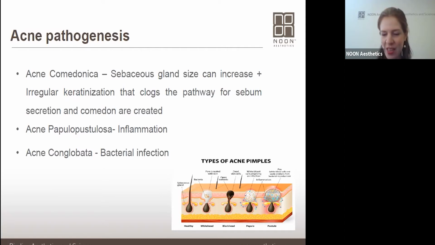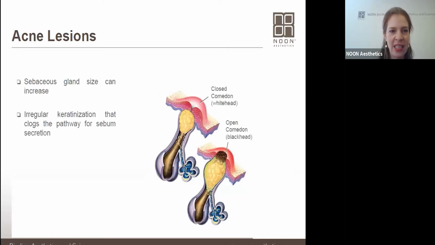Okay, so now that we know the pathogenesis, let's look at the lesions. This is the first lesion, the comedones. We can see the hair follicle that we know already. The sebum is coming up from here, and because of the keratinization, it gets stuck.